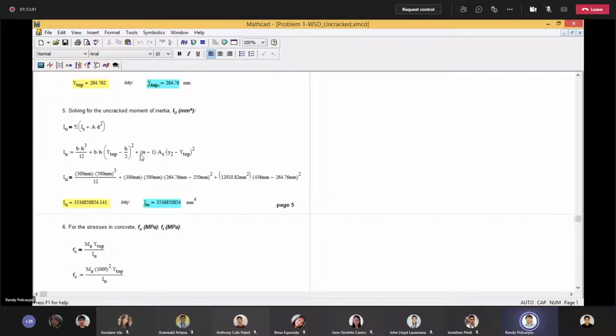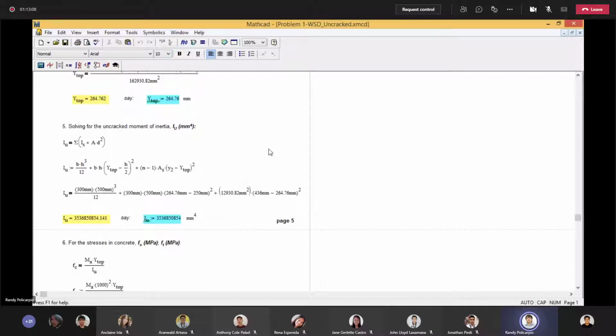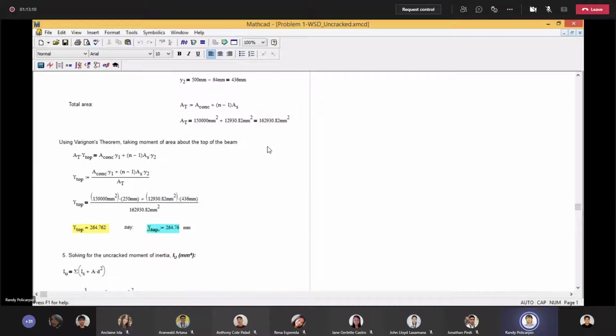Now for the transformed area of the steel, all you need is to make use of AD squared. AD squared is all you will use. So this is the area of the steel, then multiplied by the distance D. Okay, so this one can be determined by taking the difference between Y2 and Y top. No? So just trace here.